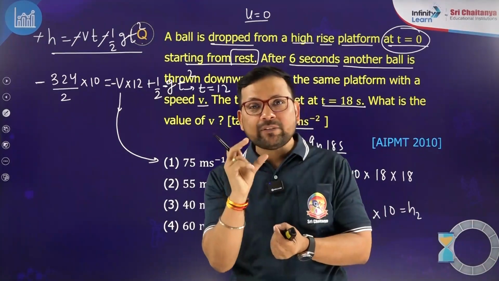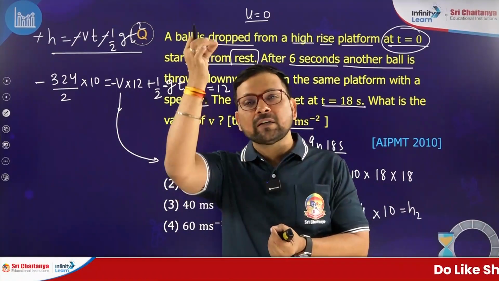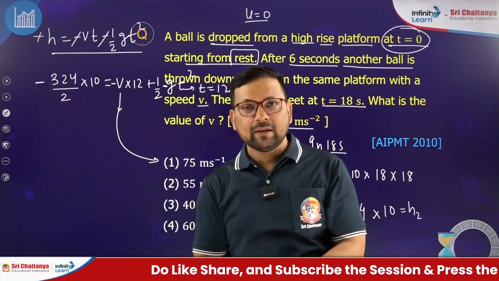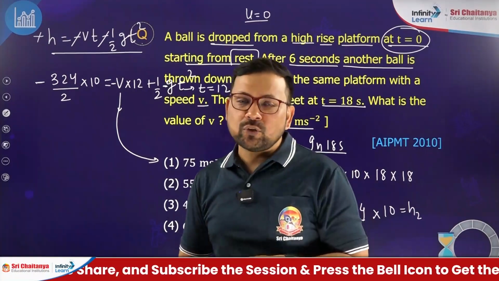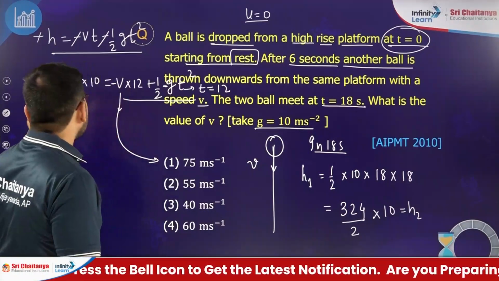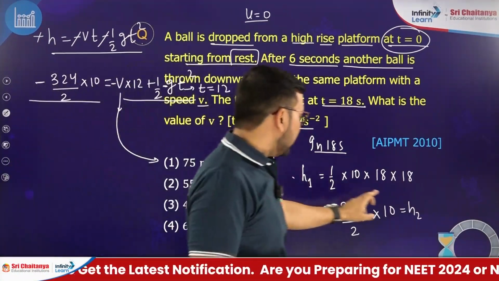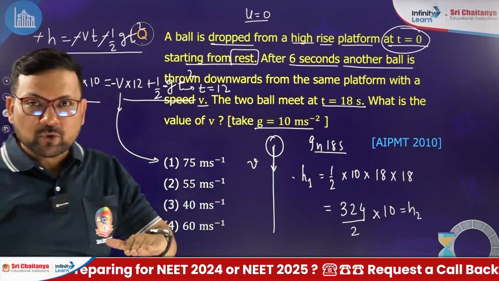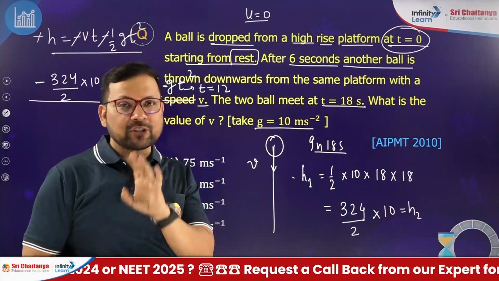It means in 12 seconds, the second ball has covered the same height that the first ball has dropped in 18 seconds. But the second ball has a non-zero initial velocity, with 12 seconds, and this is for the first ball. H1 equals H2. From here we have to find v. This is also drop motion, a single equation question, if you will see.